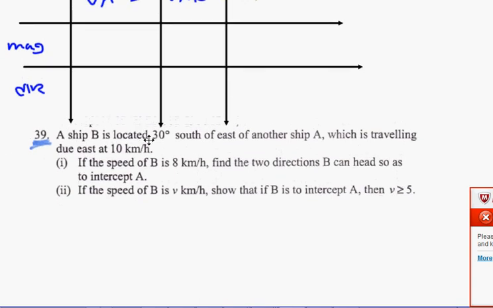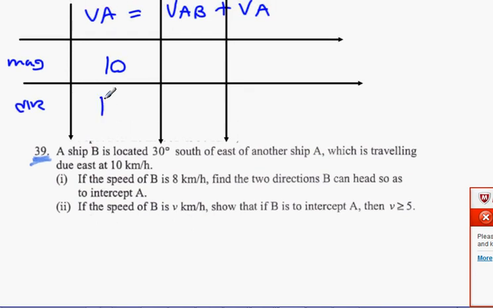We know that Phi A is 10. We know its direction is going to be east. 2 pieces of information.